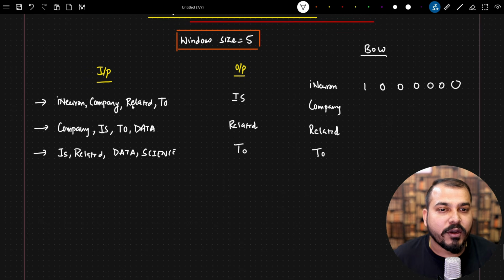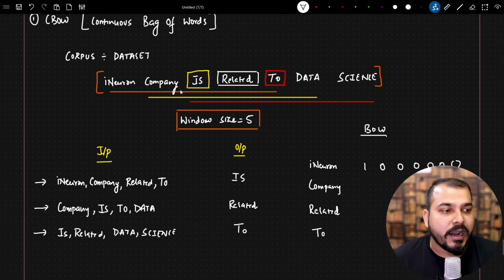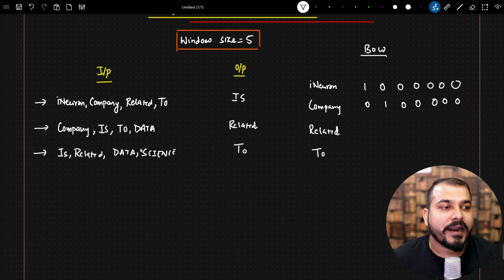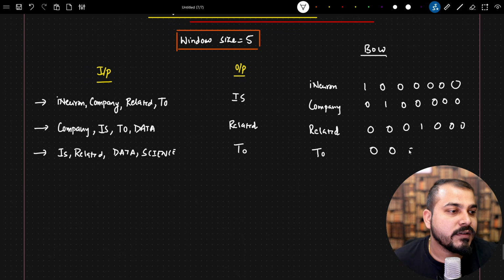And now when I go to company, my second element will be 1 and all the other elements will be 0. Similarly, if I have related, which word will be 1? If I go ahead and write it, 0, 0, 0, 1, 0, 0, right? And finally, the next word that I'm having is 2. So with respect to 2, here you can see 0, 0, 0, 1, 0, 0, right?